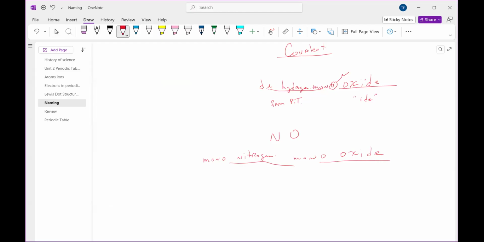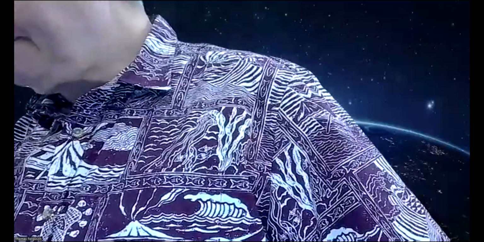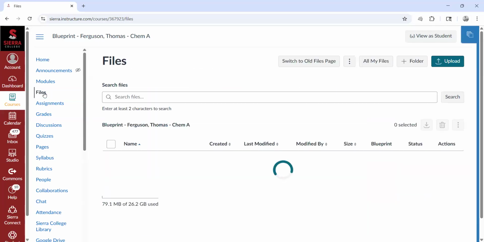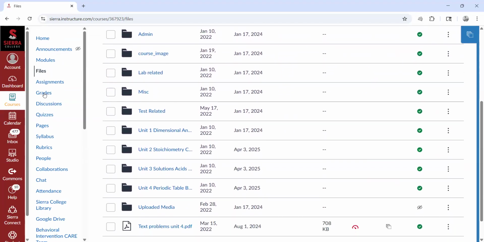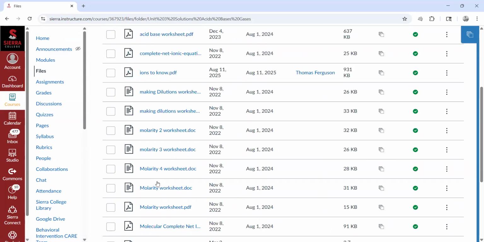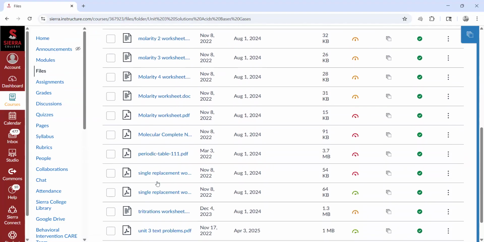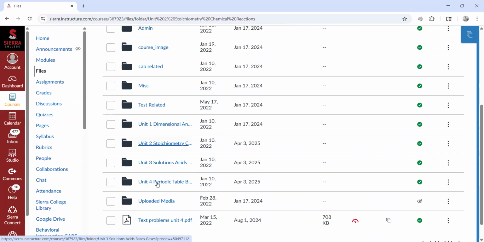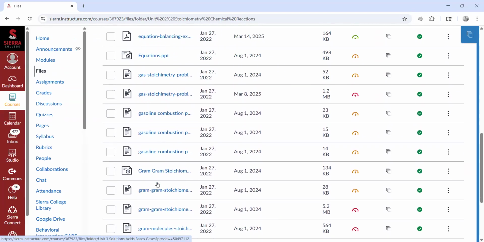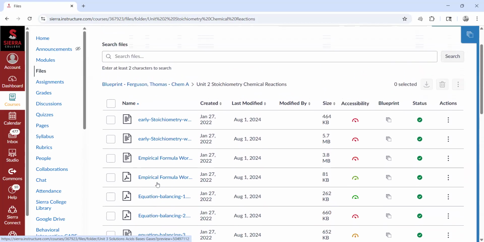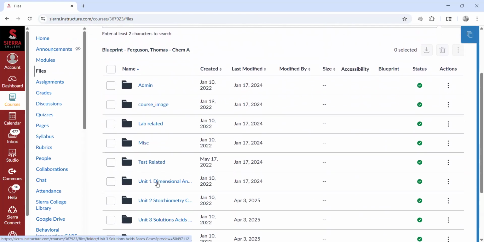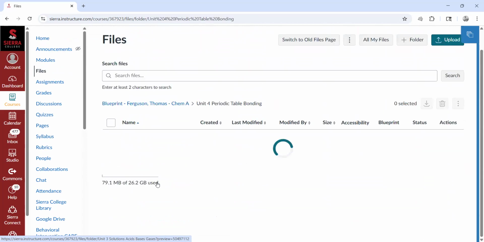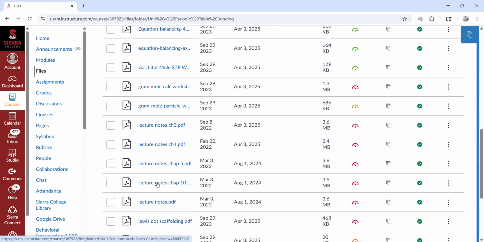Now, I have a bunch of worksheets, of course. Let's see now where. I moved. Oh.